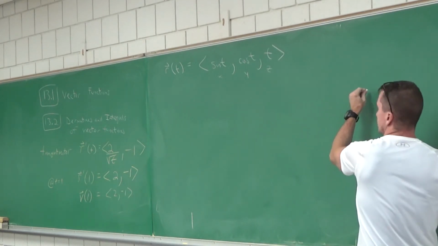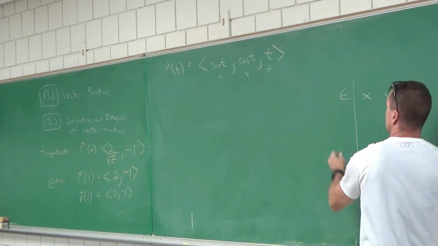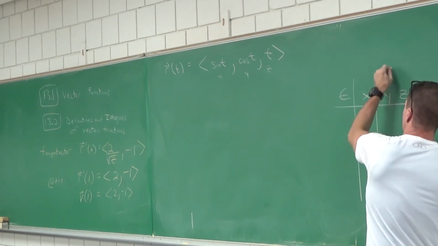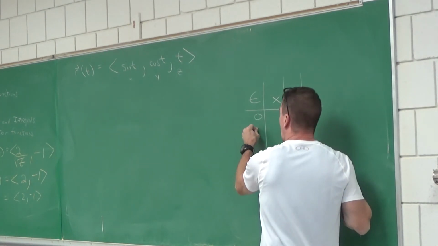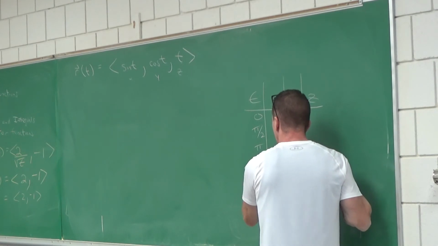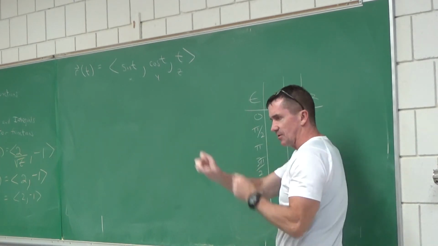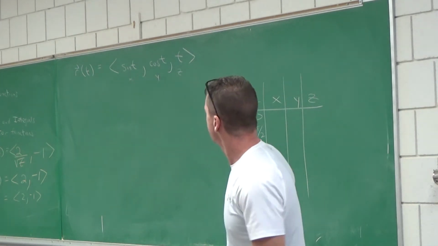Surely I can make a table and make up some t-values like 0, pi over 2, pi, 3 pi over 2. But we'd still get these little points all over the place. It wouldn't help us much in terms of making a really decent sketch.